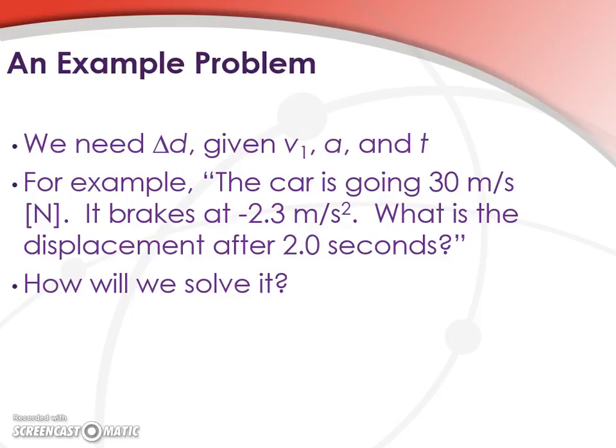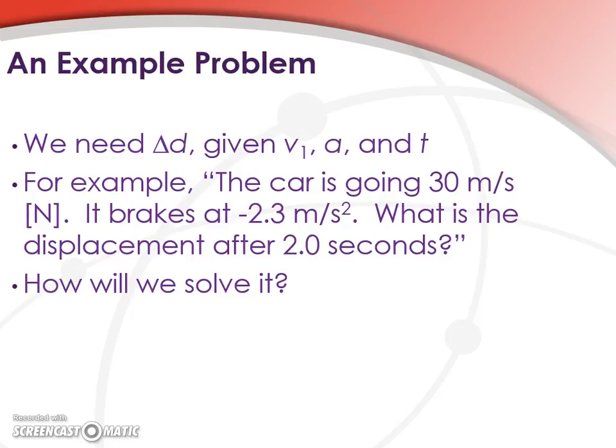Okay, so let's dig in and talk about an example to illustrate it. So I chose a case here where we need the displacement given the starting velocity, the acceleration, and the time. So a car is going 30 meters per second north. It brakes at 2.3 meters per second squared. After 2 seconds, what's its displacement? So we're not asking for the final speed or the final velocity.